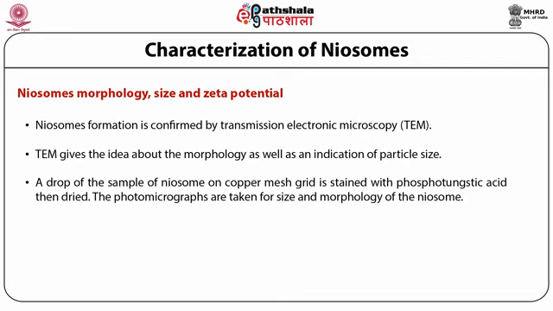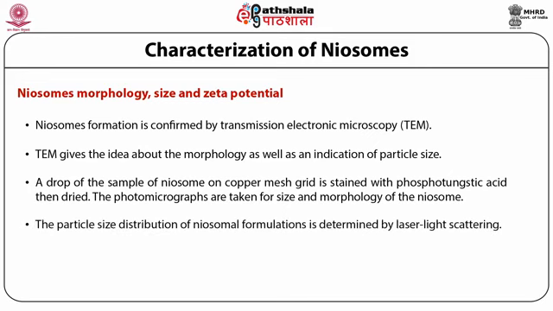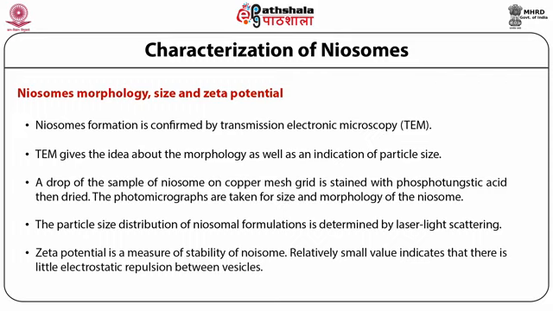After drying, the photomicrographs are taken for size and morphology of the neosome. The particle size distribution of neosome formulations is determined by laser light scattering method. Zeta potential also is measured, which is an indicator of the stability of neosomes.